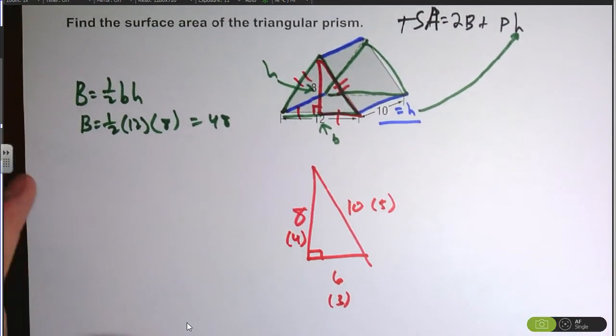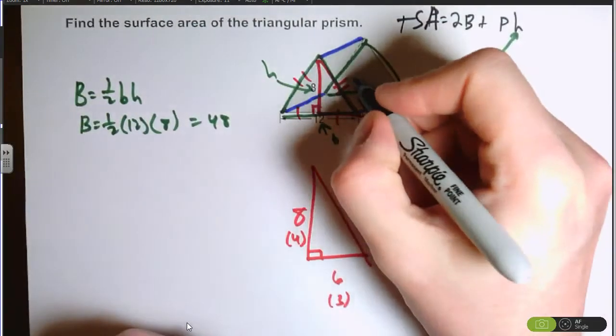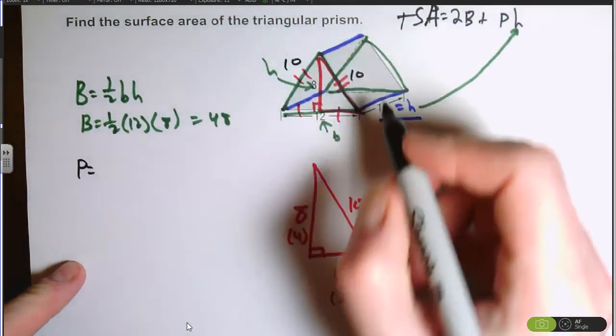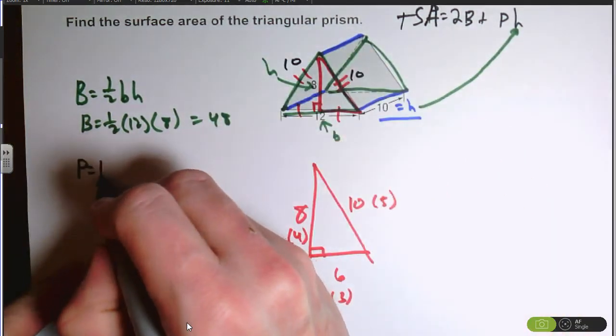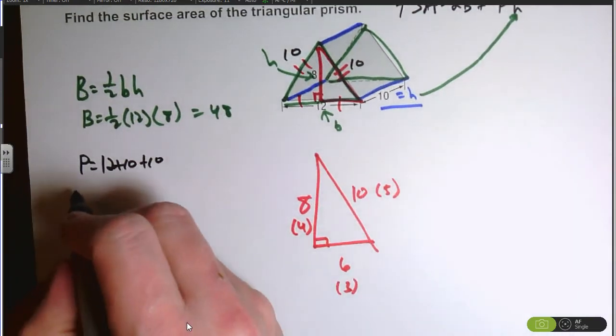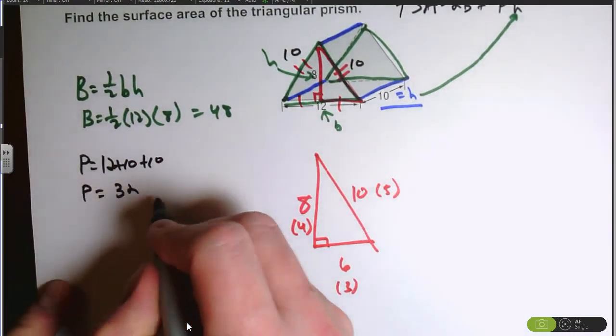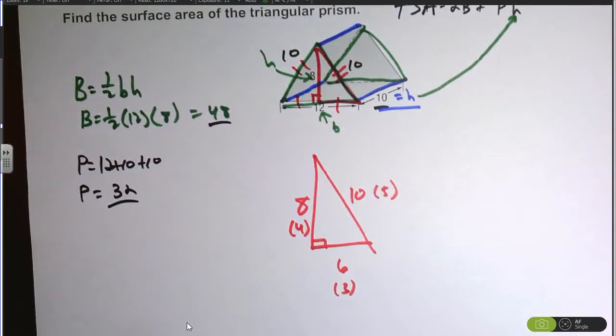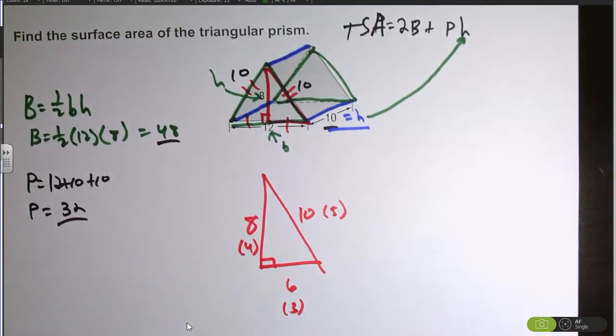And so now we have that. We will do the perimeter, which is 12 plus 10 plus 10. Okay. So perimeter is 32. Area of the base is 48. Height is 10. Now ready to finish this problem up.